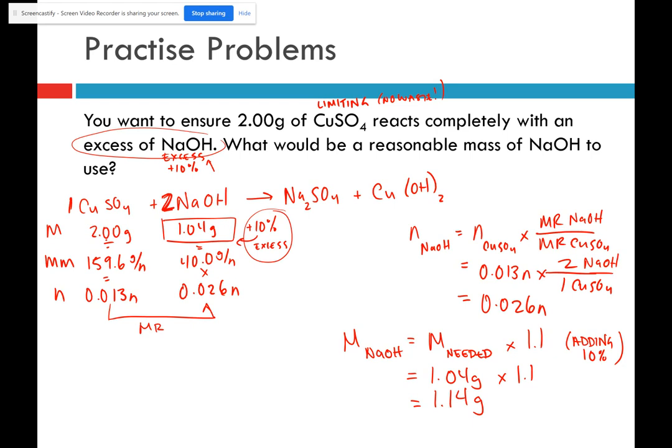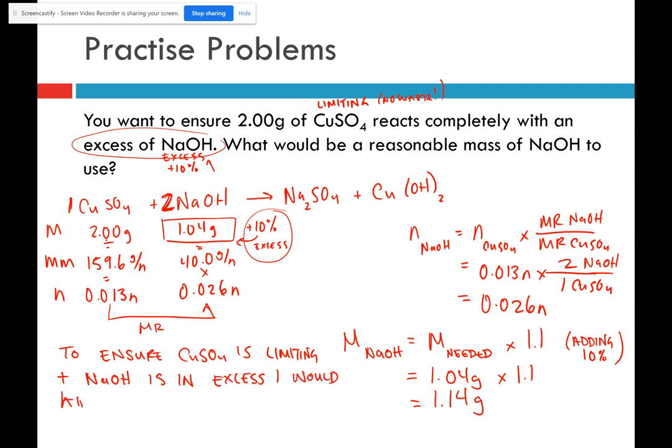Okay, so what I would say is, to ensure CuSO4 is limiting and NaOH is in excess, I would add 1.14 grams of NaOH to 2 grams of copper 2 sulfate.